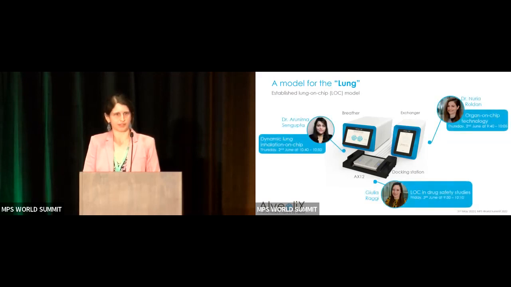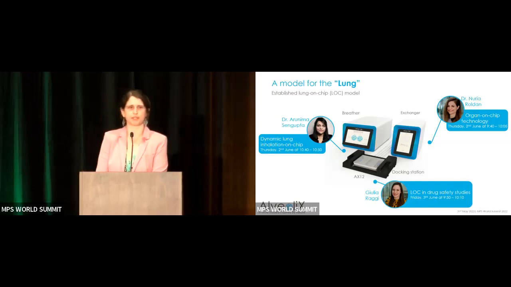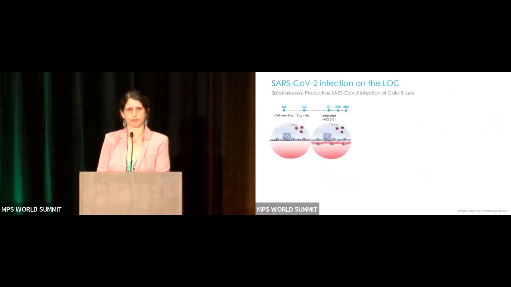If you are interested in the possibilities of the system, you can also attend the talks of my colleagues from University of Bern and from Alveolix, who will present some additional models. But here I will just introduce the COVID-19 model.